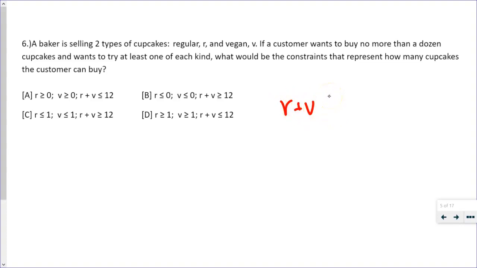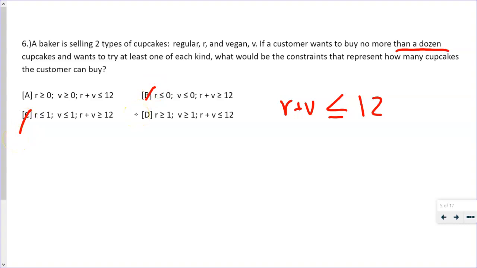Now we got to figure out if it's going to be greater than 12 cupcakes, which is our dozen, or less than. Here it says no more, so that means I cannot have 13 cupcakes, I can only have 12 or less. So the arrow is going to go to your left, so that's less than 12. So right here, I can eliminate answer C and answer B.